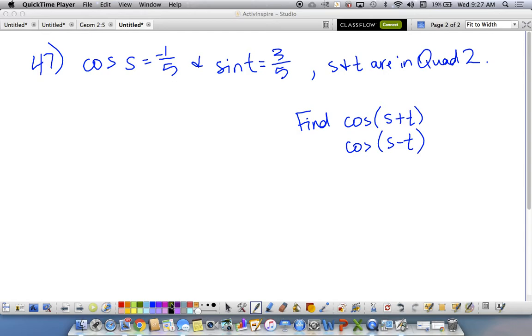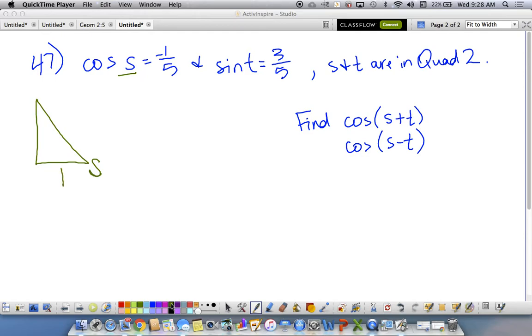Should we draw a triangle? How many triangles should we draw? 2, because there's a triangle for S and a triangle for T. If I draw an S triangle, with angle S down here, cosine S is negative 1/5. Cosine is adjacent over hypotenuse.